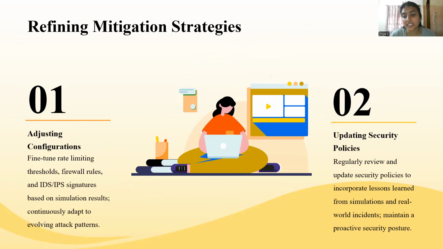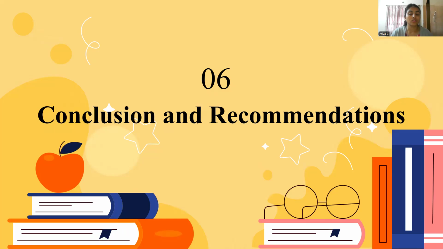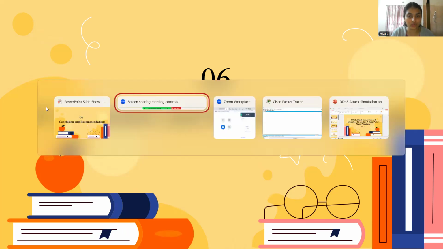In updating security policies, regularly review and update security policies to incorporate lessons learned from simulations and real-world incidents, and maintain a proactive security posture. So before going to the conclusion and recommendation, let us see the practical application of the DDoS attack.